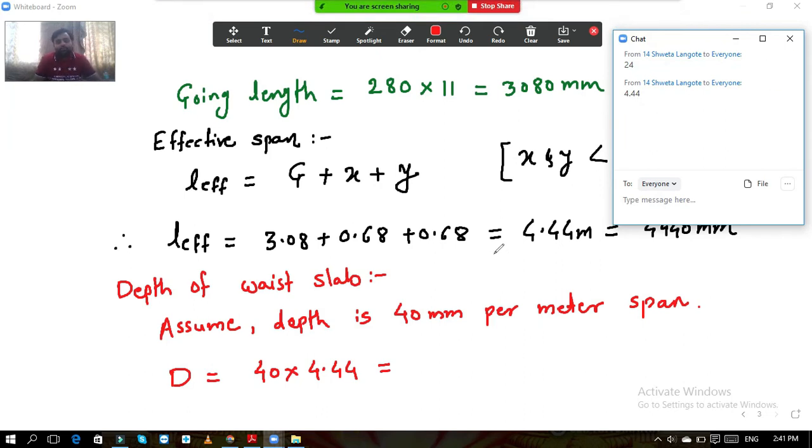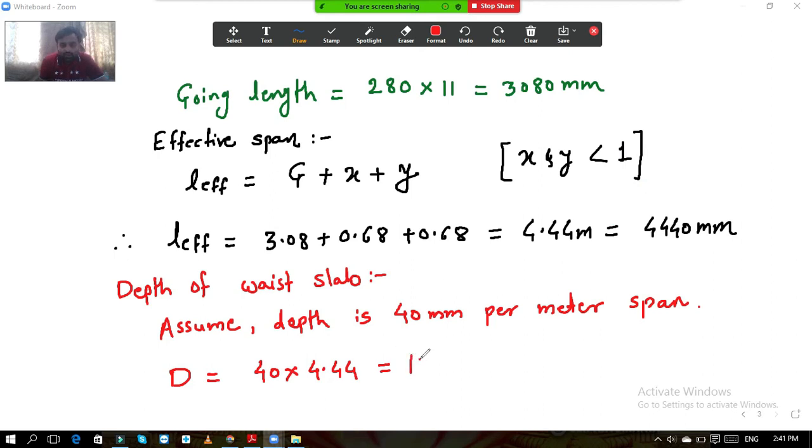What is that? 40 into 4.44. What is the answer? 177.6. Okay, so the answer is 177.6 mm. So now this is the depth. We will round up the depth to the higher side. It is 180 mm. So depth is 180 mm.